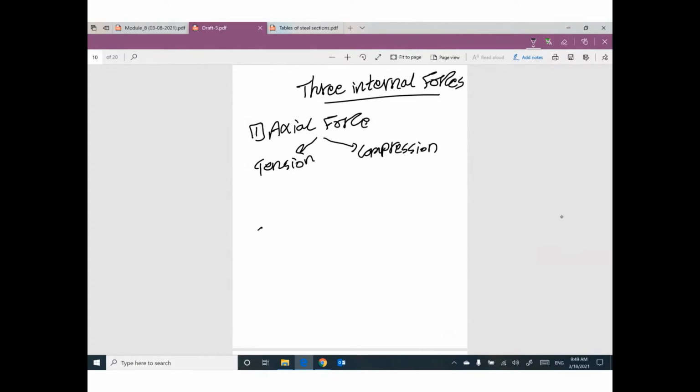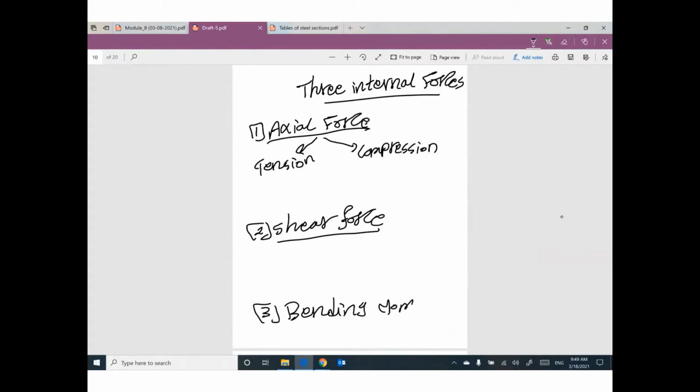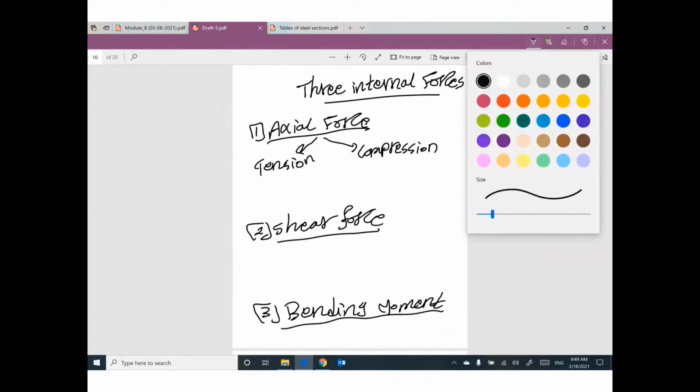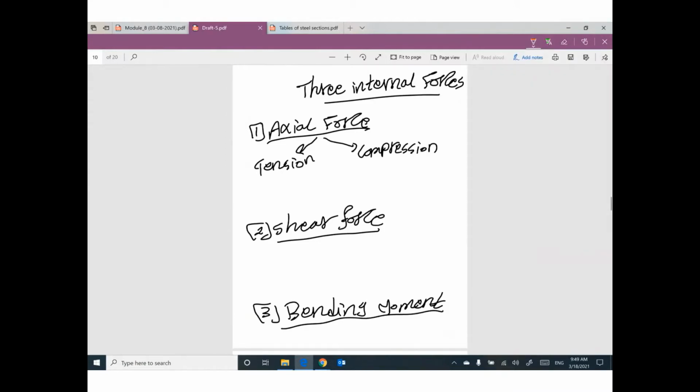The second one called shear force. The third one, which called bending moment. So if you are using structure analysis for any structure, I can draw axial force, shear force, bending moment.